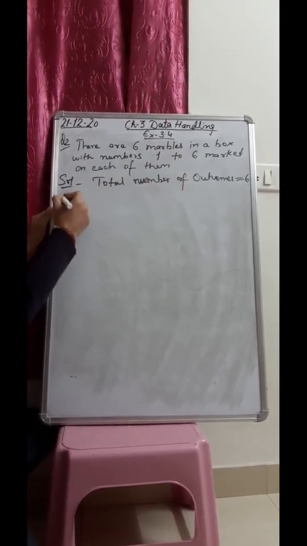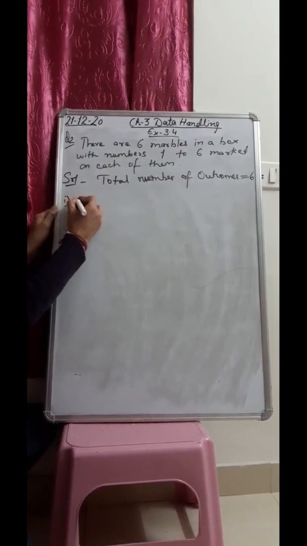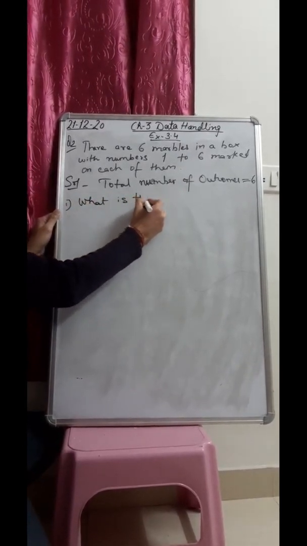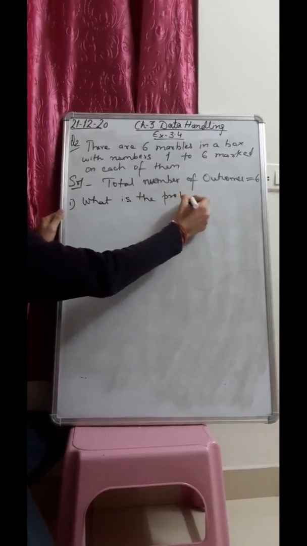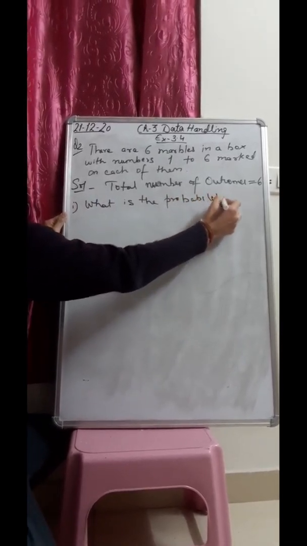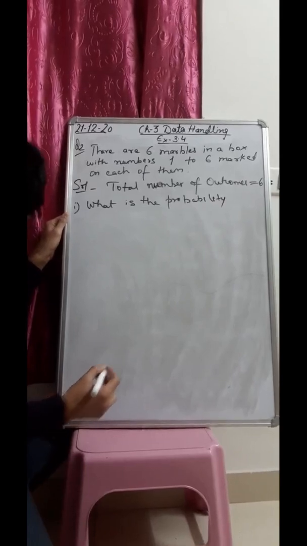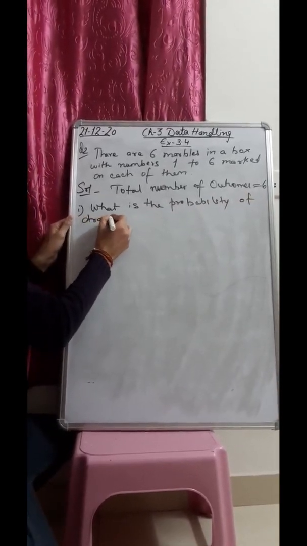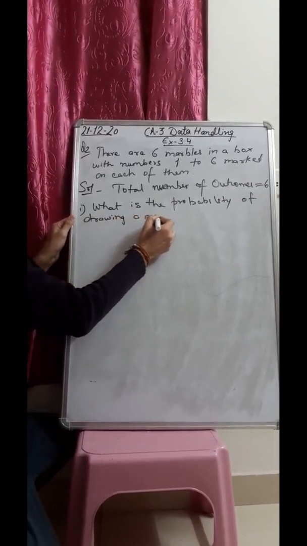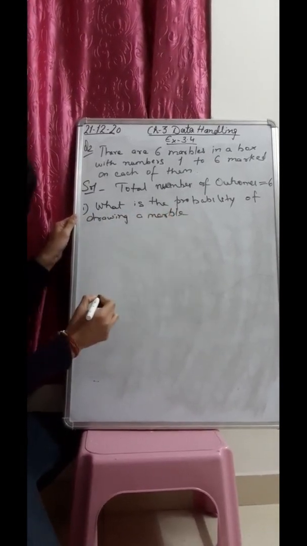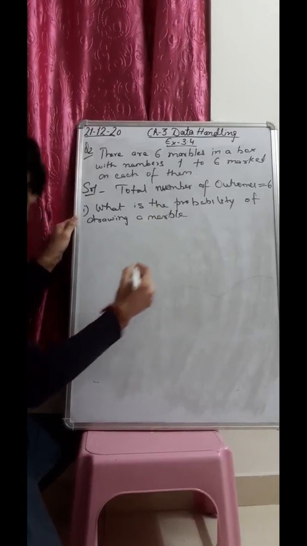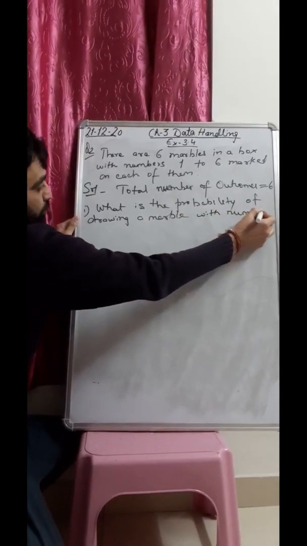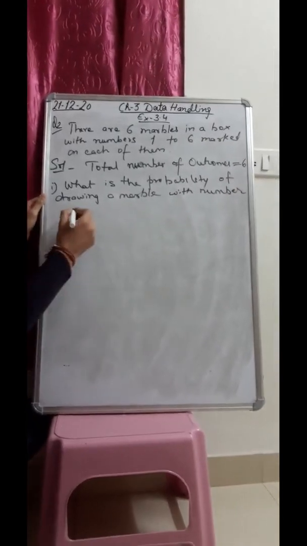The first part asks: what is the probability of drawing a marble with number 2?